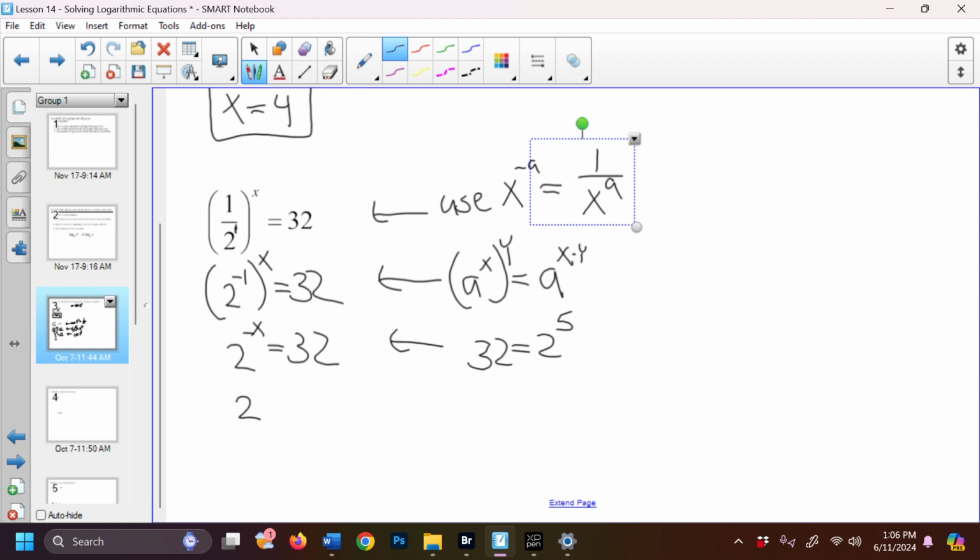So I have 2 to the negative x is equal to 2 to the 5th. Since my bases are now the same, I can set the exponents equal to each other, so negative x is equal to 5. If negative x is equal to positive 5, then positive x is equal to negative 5, and that is our final answer for that one.